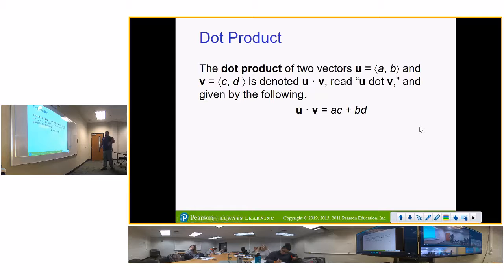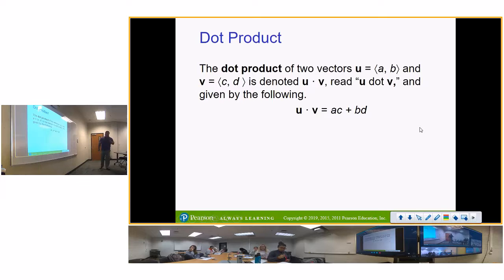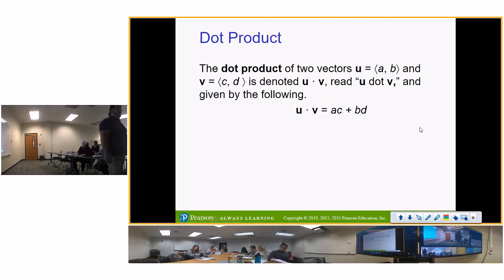The dot product is basically used in calculations, all right? The dot product of two vectors, U and C, is going to be AC plus BD. Now, the dot product, and I want you to write this down, is only used in calculations. It does not mean that you got a new vector called dot product. Okay? It's only used in calculations.